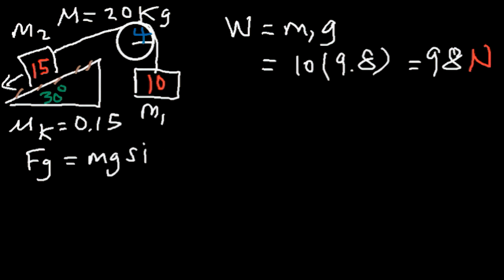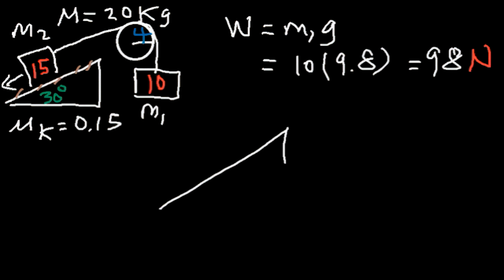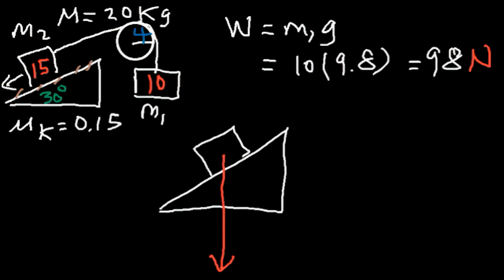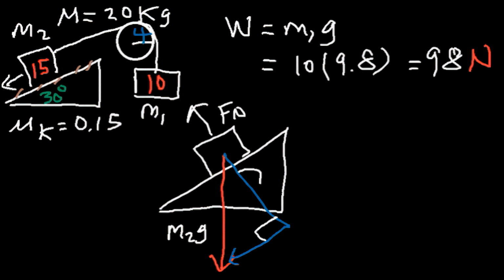Now, if you're wondering why that's the case, let's say you have an incline and you have a block. This block has a downward weight force called mg, or in our case, m2g. If we draw a triangle where this is the hypotenuse, we can see that the normal force of the block is equal to this side.